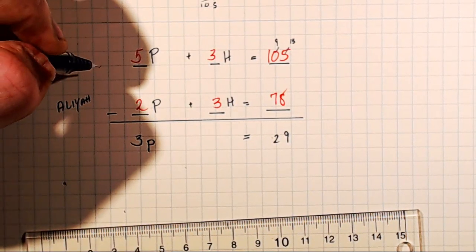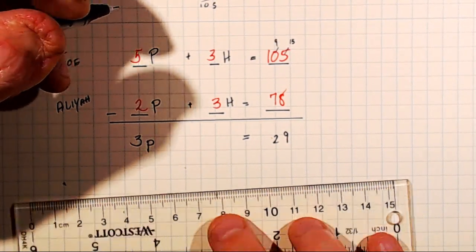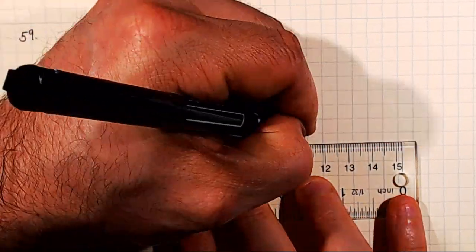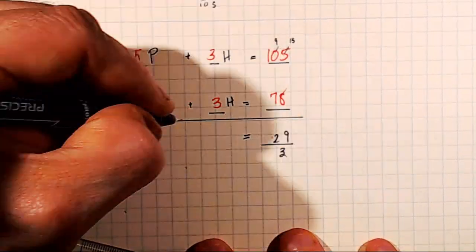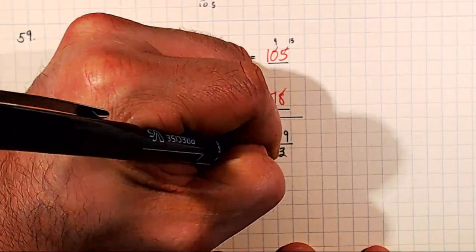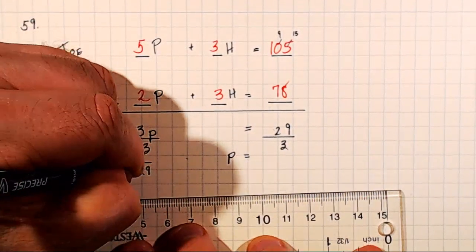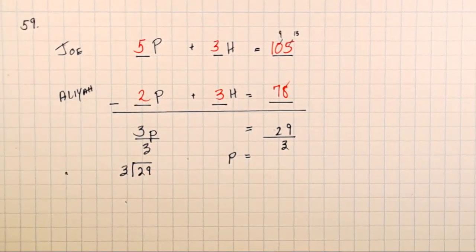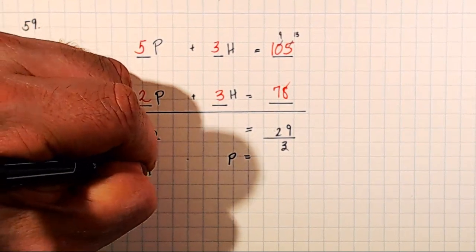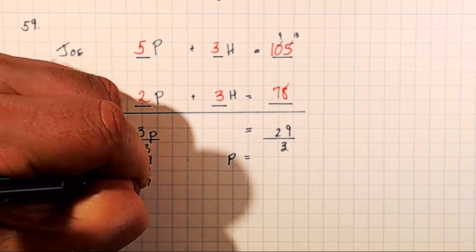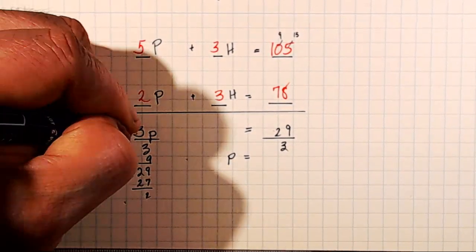So P equals 29 divided by 3, because I'm going to divide both sides by 3. So P equals 29 divided by 3, and we should probably do that. 3 goes into 29, 9 times. 9 times 3 is 27, leaving 2.